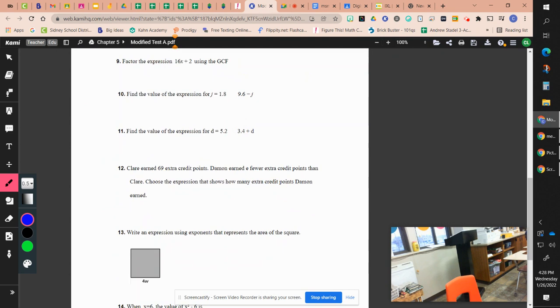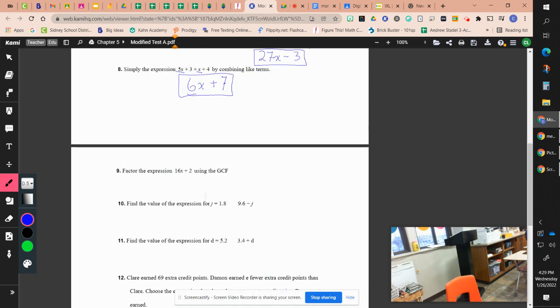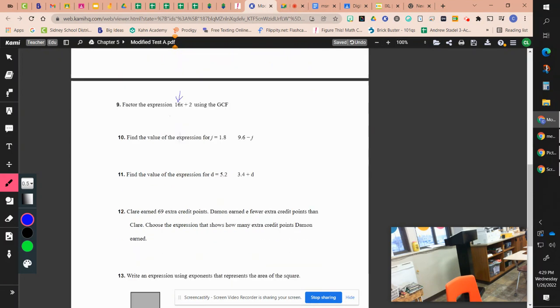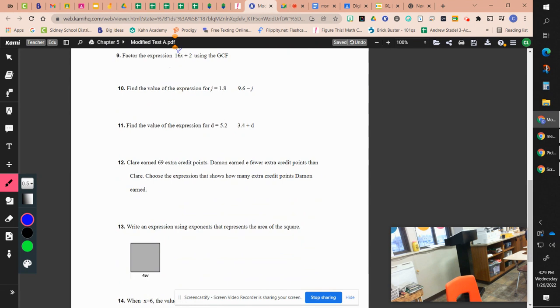Okay, then the next one says, factor this expression. So that's the opposite of distributing, isn't it? In our last question, we distributed and got an expression that has two terms, 6x plus 7. This one has two terms in it, 16x plus 2, but they're telling us to factor it, which means I have to take the greatest common factor of those two numbers.